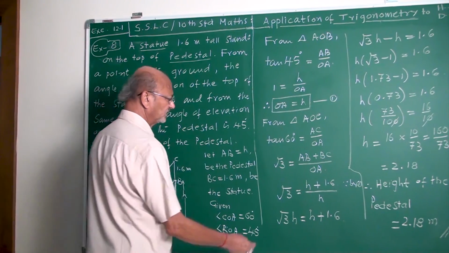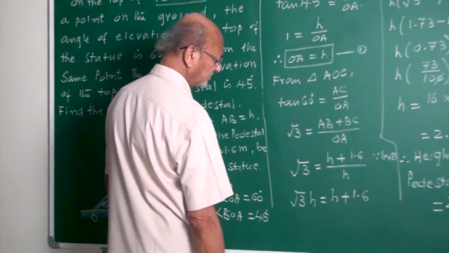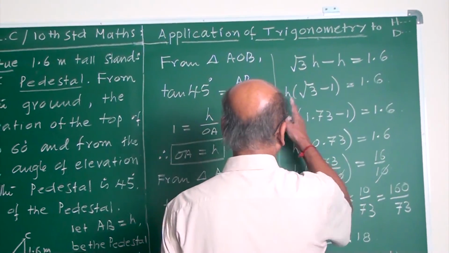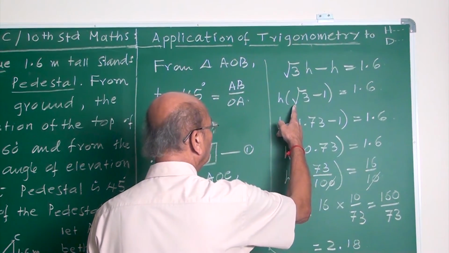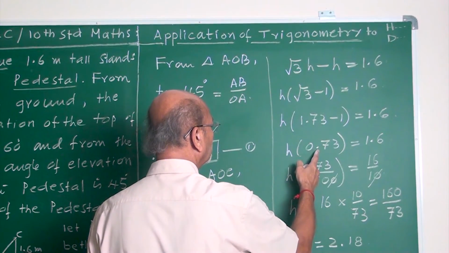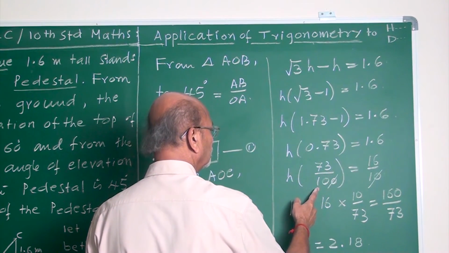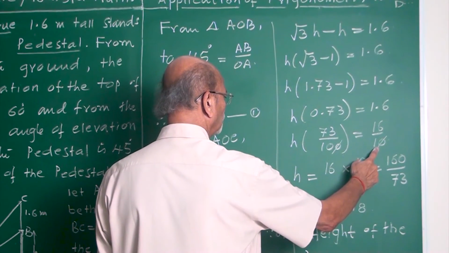Simplify. Root 3 into H equals H plus 1.6. Bring this side: root 3 into H minus H. H is common. Root 3 minus 1 into H equals 1.6. We know the value of root 3 is 1.73, minus 1, you are left with 0.73 into H equal to 1.6. Convert in terms of fractions, the 0 is cancelled from both sides.